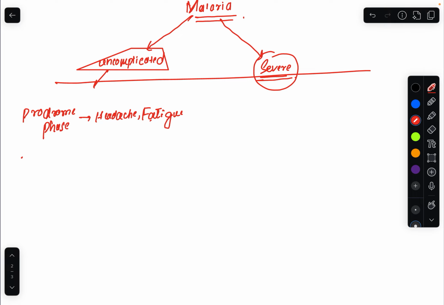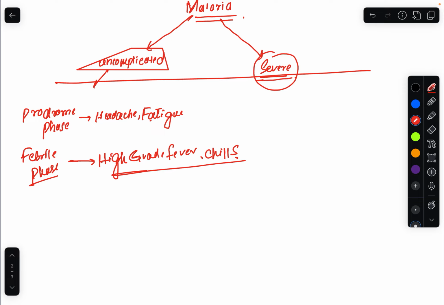After this prodrome, the febrile phase begins, which is characterized by high grade fever, chills, and when the fever subsides, sweats. So this is the characteristic pattern of uncomplicated malaria: a prodrome phase with headache and fatigue, and then a febrile phase characterized by high grade fevers along with chills and rigors, and then sweats.